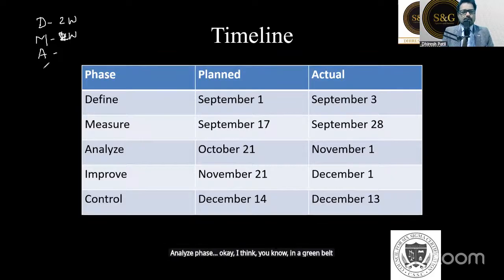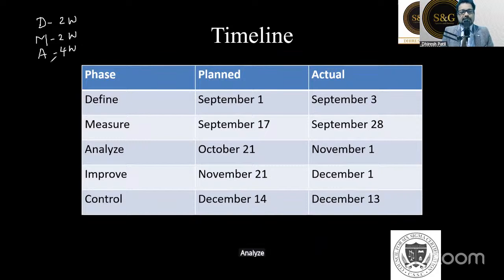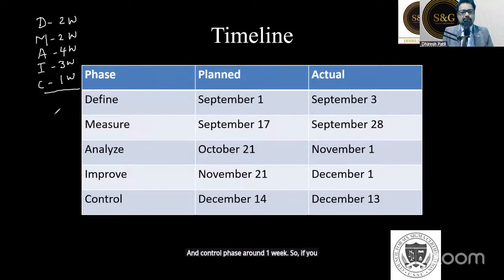The analyze phase generally takes 4 weeks. The improve phase generally takes around 3 weeks, and the control phase around 1 week. So if you tally this, it becomes 12 weeks, which is approximately 3 months. This is for the green belt, GB.